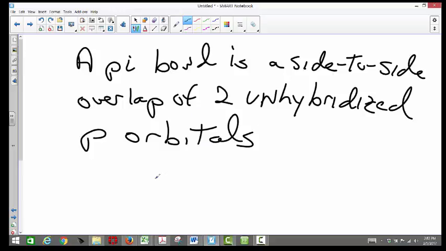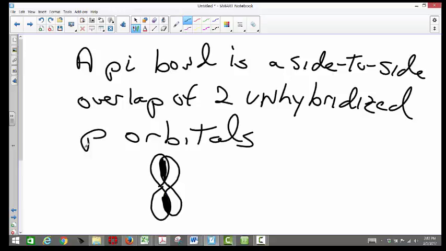Okay? So here's a p on one carbon. Here's a p on another carbon. And that overlap there, that's my pi bond. As opposed to the head-to-head overlap of hybridized orbitals, that was the sigma bond. Okay?